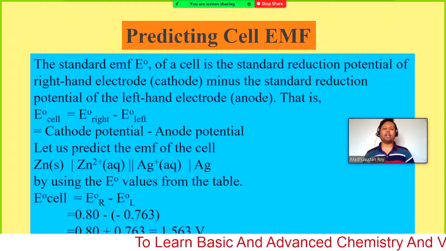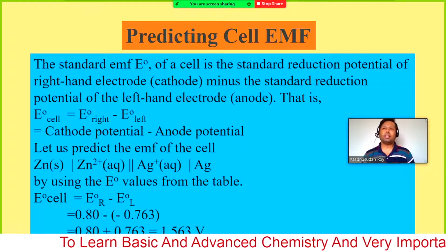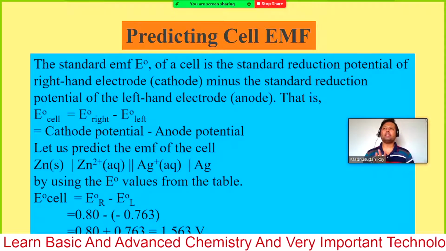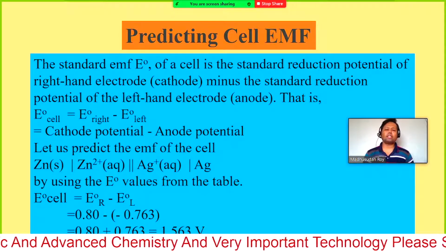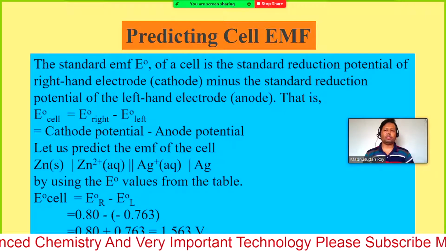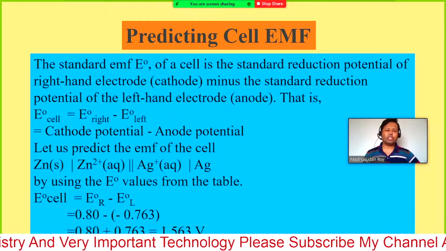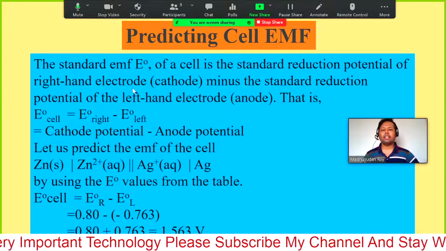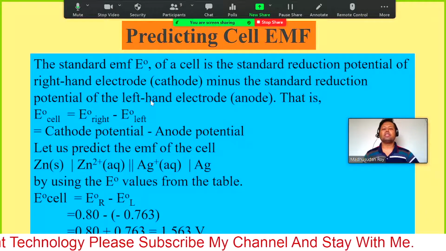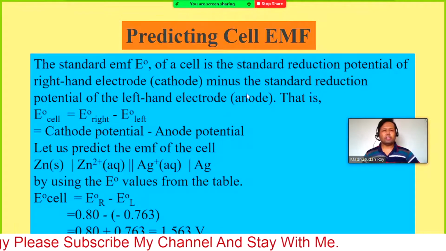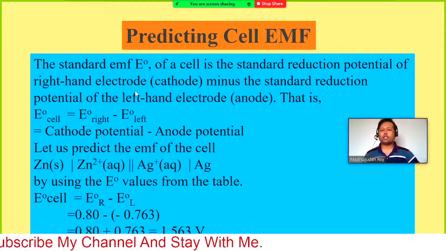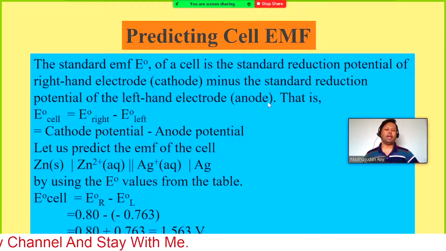So we can predict the cell EMF considering just one property of the two electrodes: the reduction potential of the right hand electrode minus that of the left hand electrode, the anode.